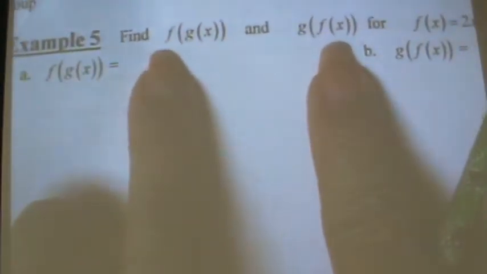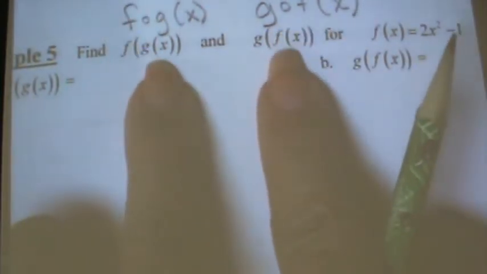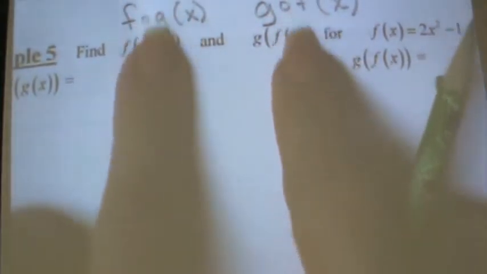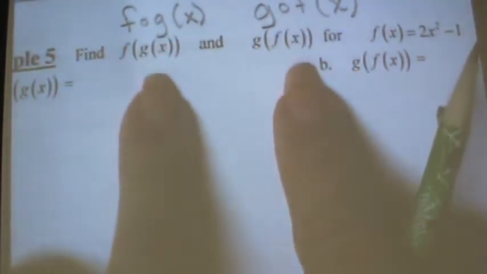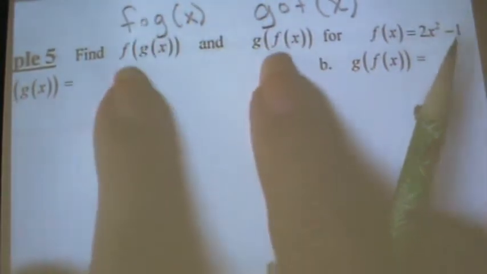Example 5. Here are 2 different problems. You're going to find f of g of x, and you're going to find g of f of x. Can you tell me the difference between these? These are asking the same question, but why are they different?